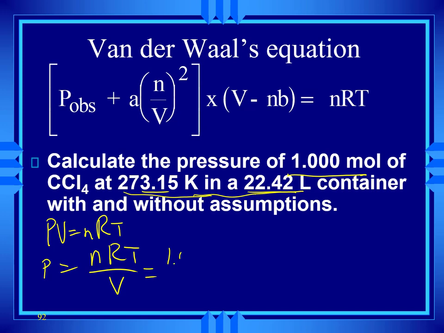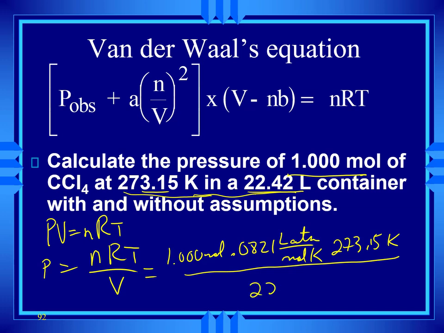And the n was 1.000 moles. R, since they didn't tell me what pressure units they wanted, I'm going to do it in atmospheres. And the temperature, 273.15 K divided by the volume, 22.42 liters.